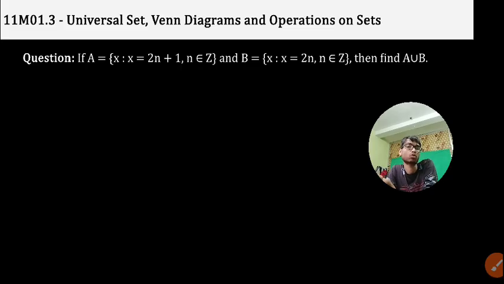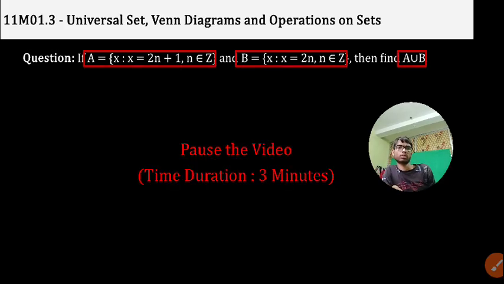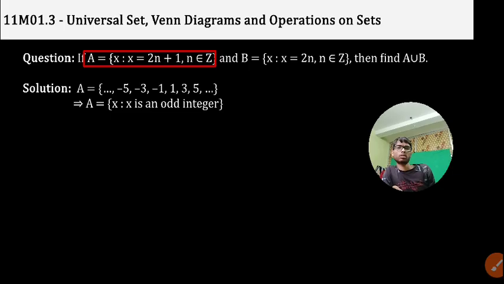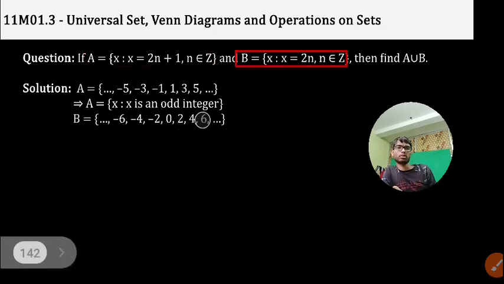Suppose n is 1, 2, 3, then we get 2, 4, 6, 8, like that we will get. Then find A union B. This is infinite. Here we are getting like that, or integer. This is even integer.